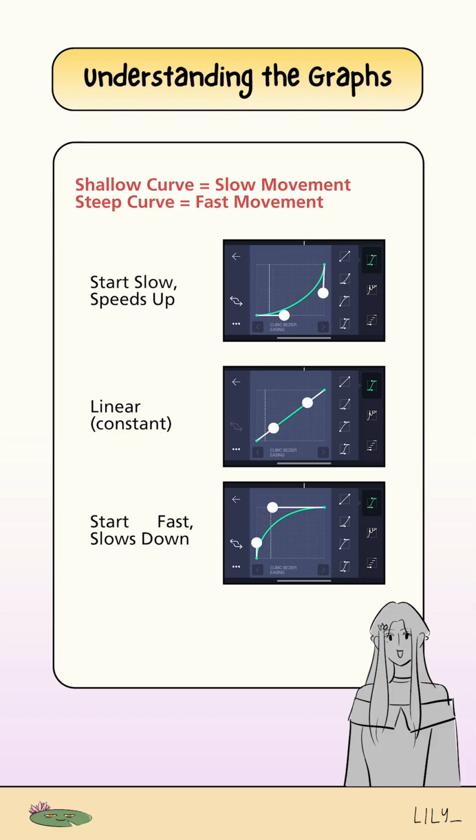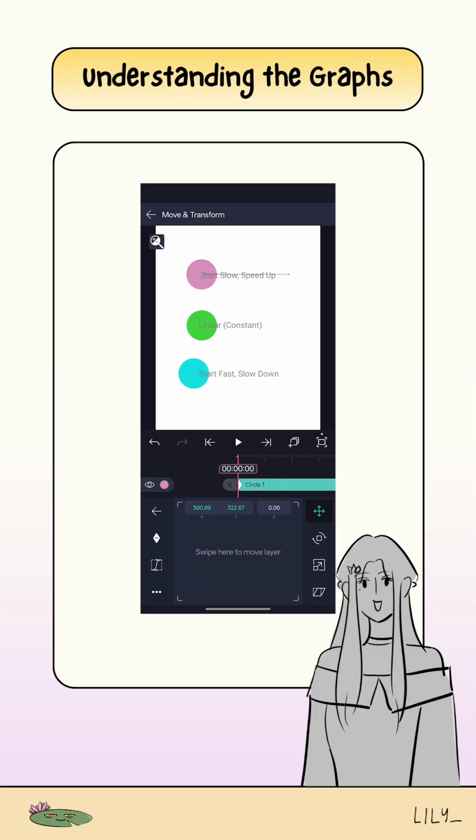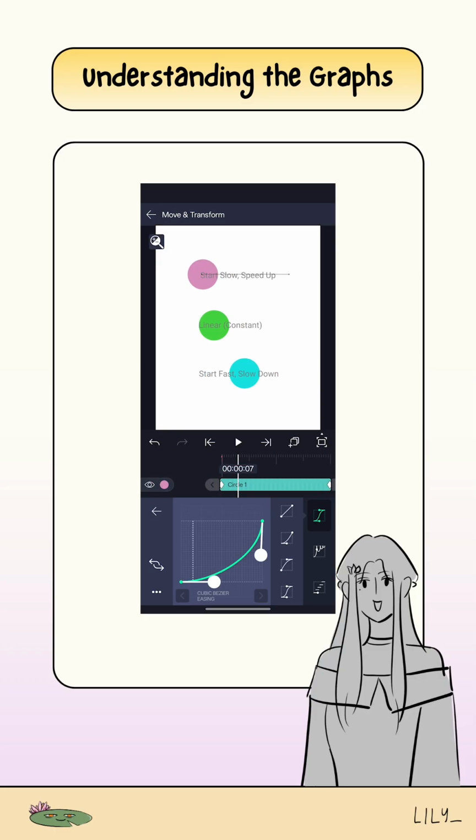So here I also played around with the circles that I made. All of these are going in the same direction, left to right, but I changed the graphs to show you guys how different it would look. For the first circle, I made it so that it goes slow first, then it goes fast by the end.